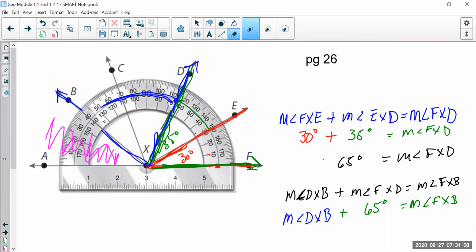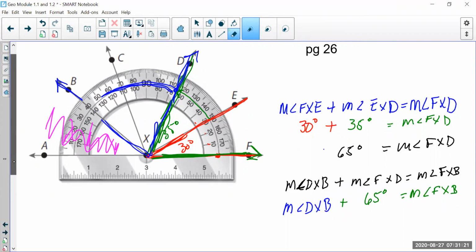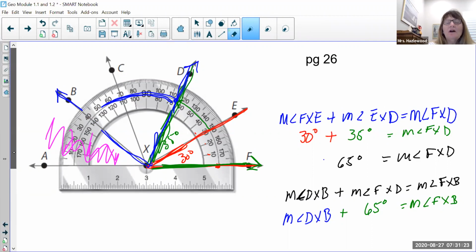And then while I was doing that, you substituted for 65, so then I add them together and I got 110. Okay. All right.